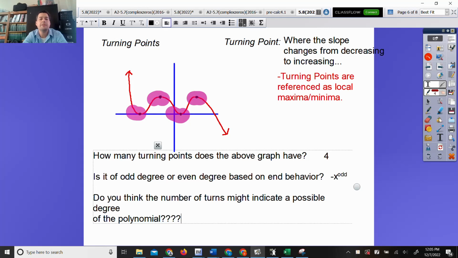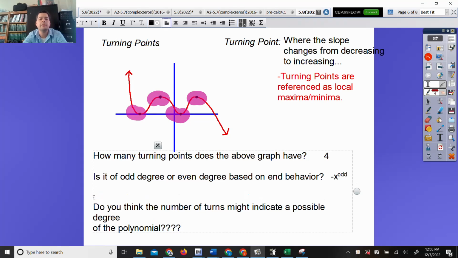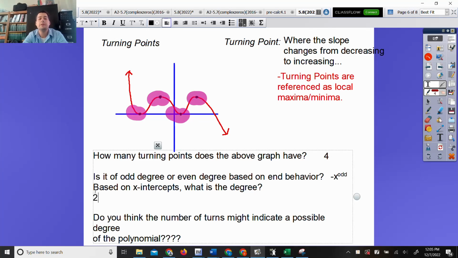Something I should have asked in here, and I don't know why I've never fixed it, is based on x-intercepts, what is the degree? How many touches you see? I see 2 touches. 2 touches is how many zeros? 4, that's right.